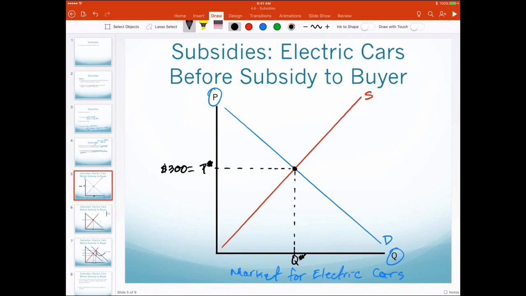You shift the curve of the person who, in the case of subsidies, is getting the money. In taxes, it would be the person having to pay the tax. So because the buyer is getting the subsidy, we're going to shift the demand curve, because the demand curve represents the wishes of the buyers, right? So, okay, demand curve is going to shift.